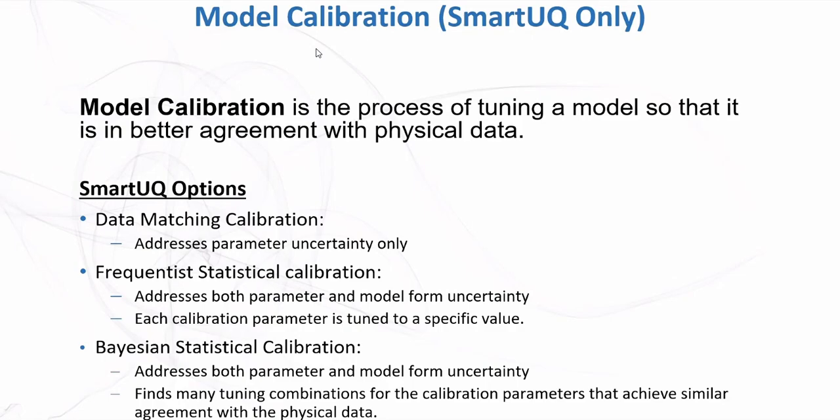These are tools that address both parameter and model form uncertainty. The difference between them is that the frequentist tool is going to, for every parameter, find a specific value that works best, as with the data matching approach, whereas Bayesian calibration is going to find a number of different combinations of those parameters that all work equally well at agreeing with the experimental or test data.